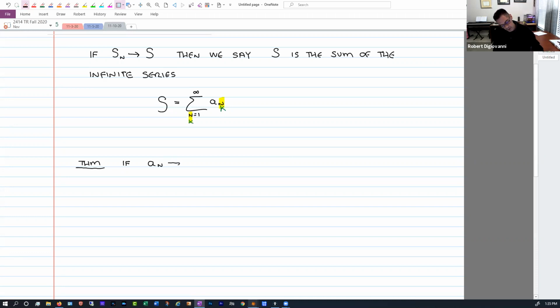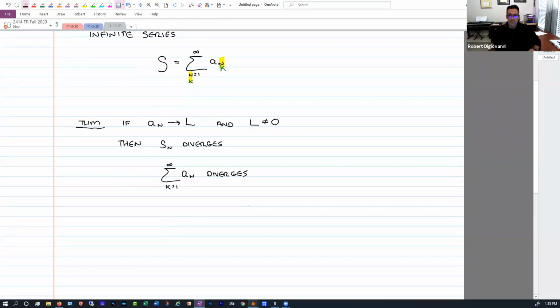If a sub n converges to L, remember that arrow means it's going to L, and L is not equal to 0, then the sequence S sub n diverges. In other words, this sum diverges.